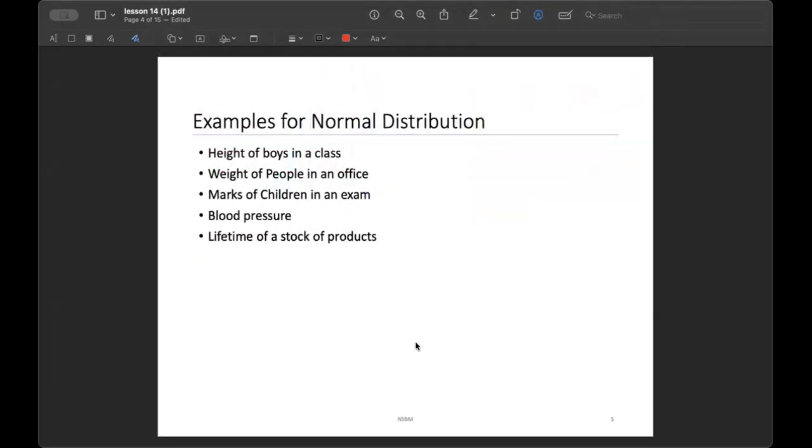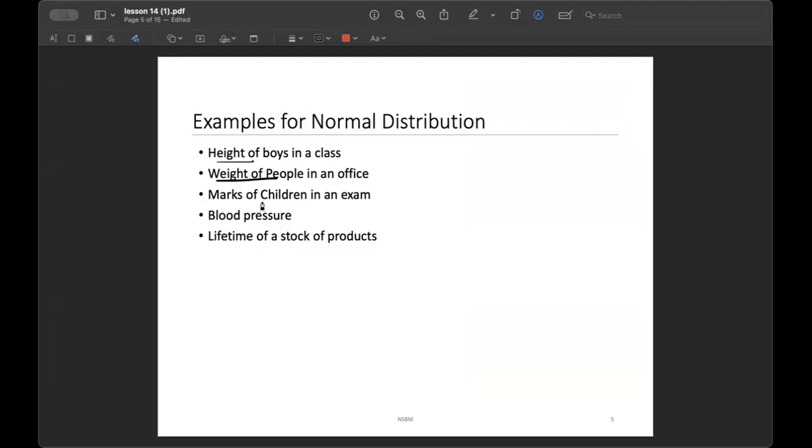Examples of normal distributions include the height of boys in a class and the weight of people. These are continuous variables: height, weight, and marks. Marks can be 95.5, or someone can have 90.90 or 90.12.